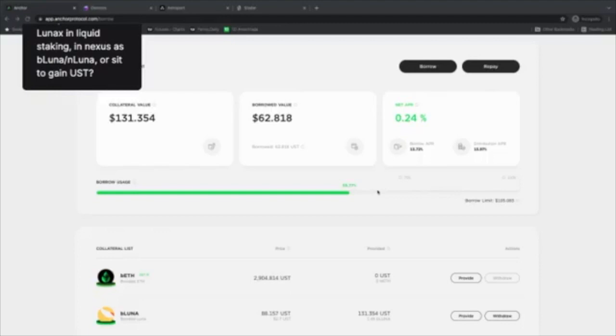The other question that I had is, as Luna goes down, and I have to now put in money to resecure the loan to value ratio, as you guys were saying, I think I heard, at that point am I buying bLuna for cheaper?